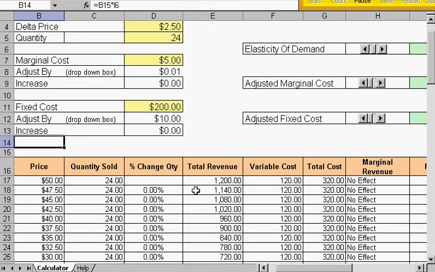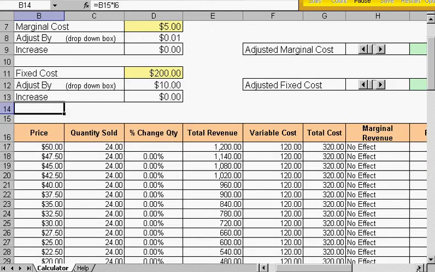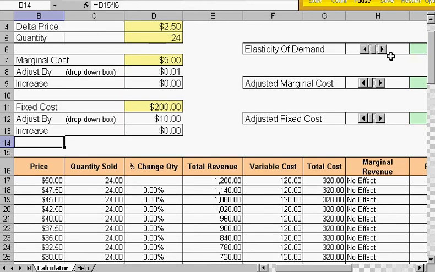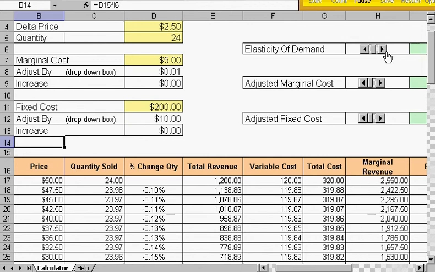Let's take a look at some of our other calculations. So our elasticity of demand will affect our quantity sold, which will affect our revenue and profits. It will not affect the variable costs.